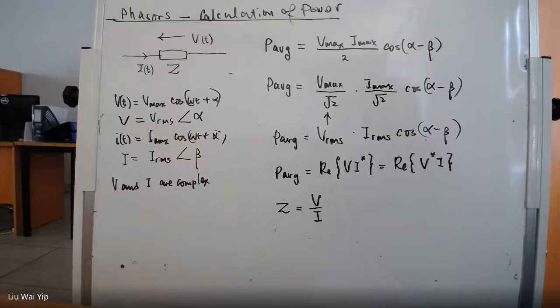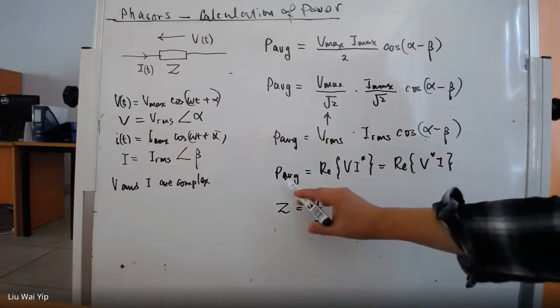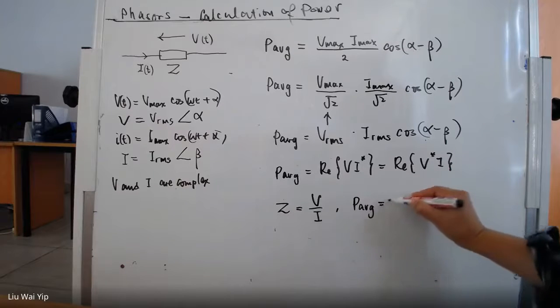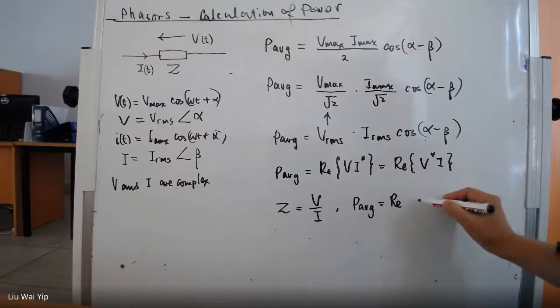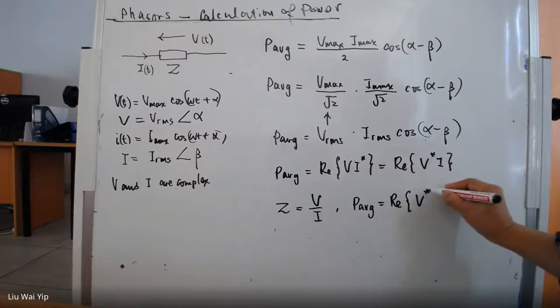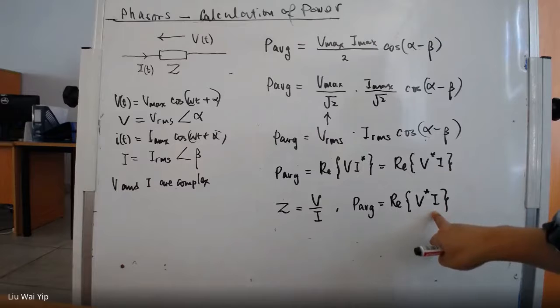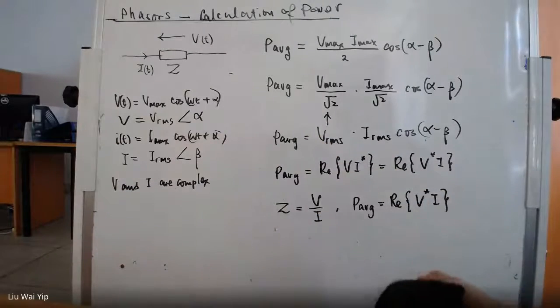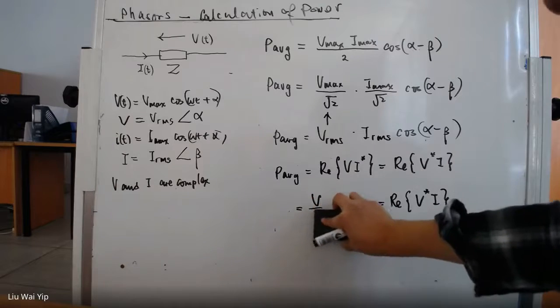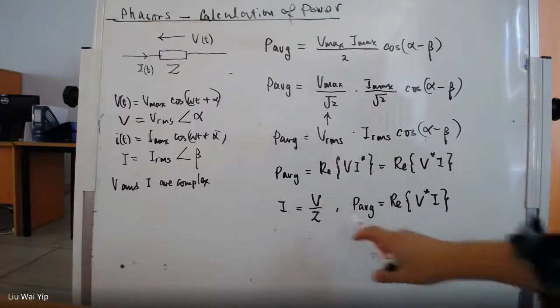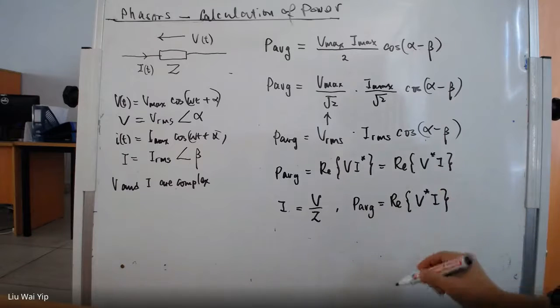Now, the power is equal to this value. What we can do is say I equals V divided by Z. Now we substitute I into this expression and see what is going on.